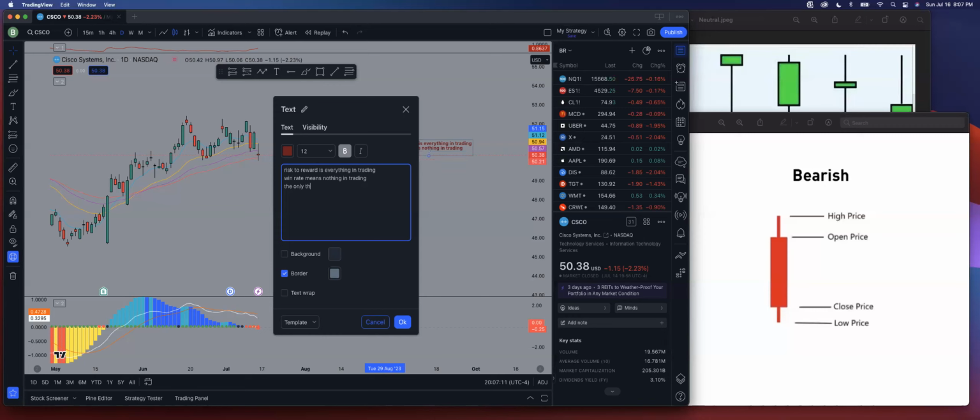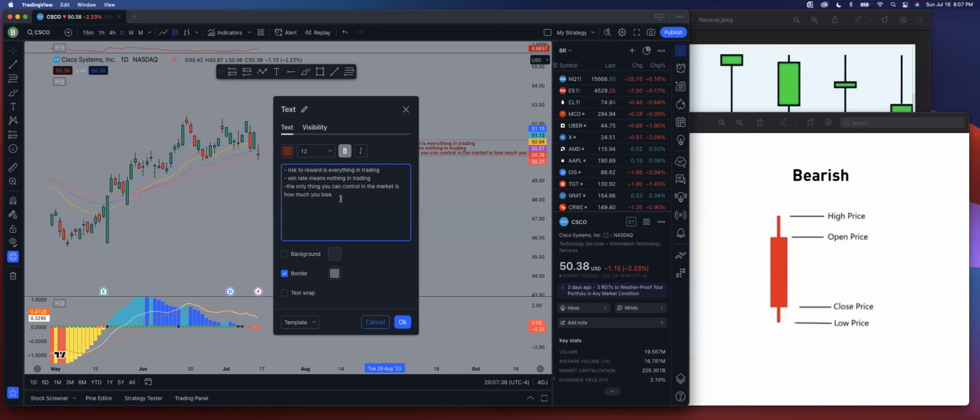The only thing you can control in the market is how much you lose. I'm not saying how many times you will lose, or how often you will lose. I'm saying that you can only control the amount of money that you lose.